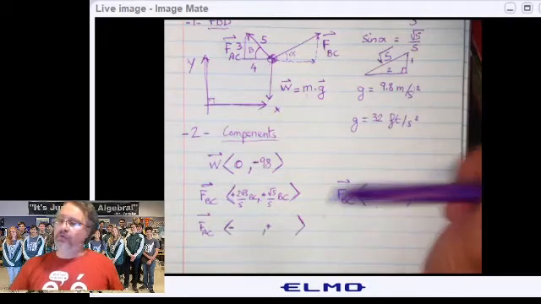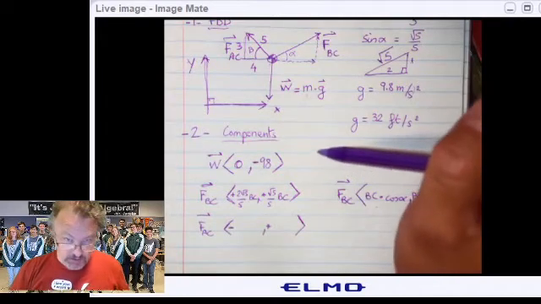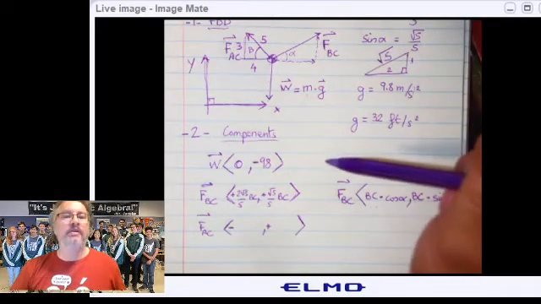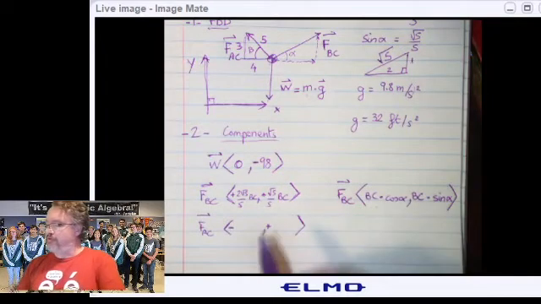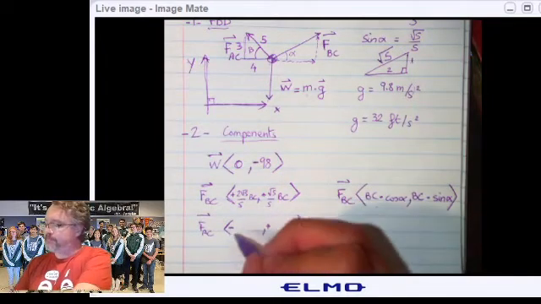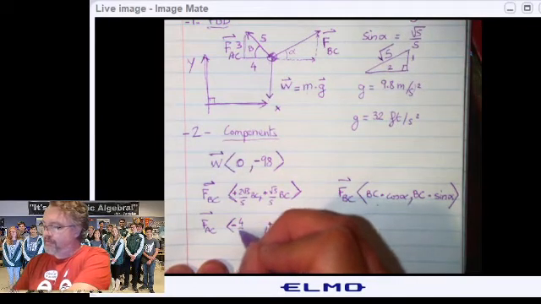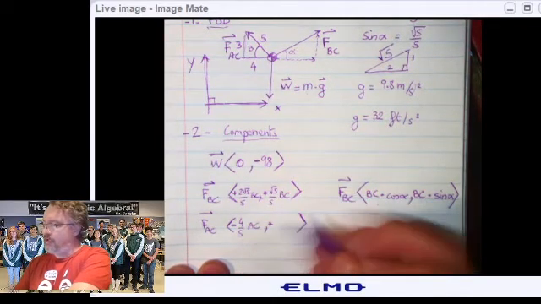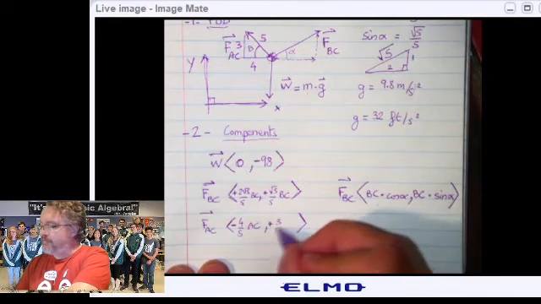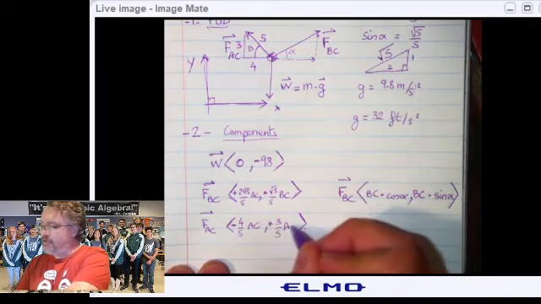Okay? If the numbers don't work out nicely like they do here, use your calculator by all means. So what are we going to have here? We're going to have negative 4 over 5 times AC and positive 3 over 5 times AC.